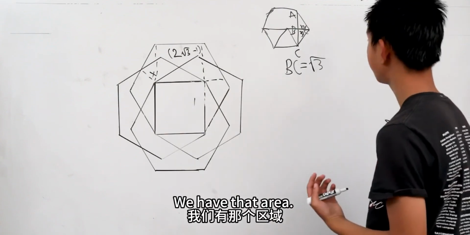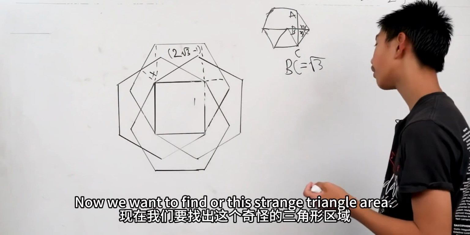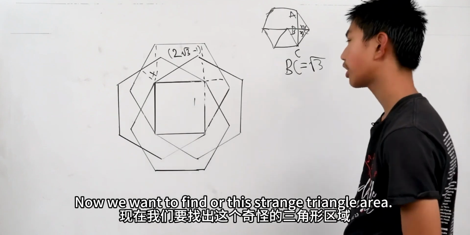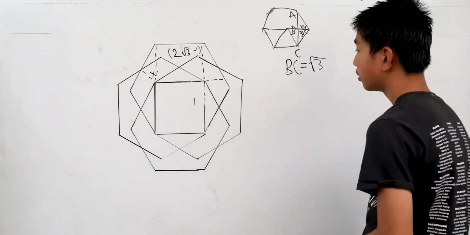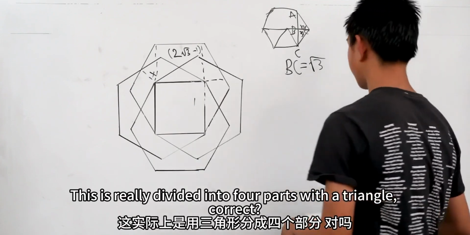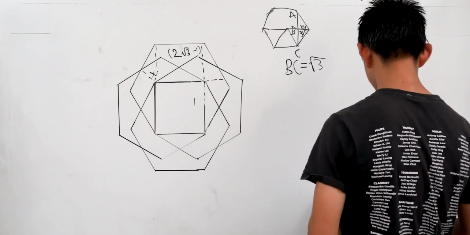We have that area. Now we want to find this strange triangle area. And this is really divided into 4 parts with a triangle, correct?